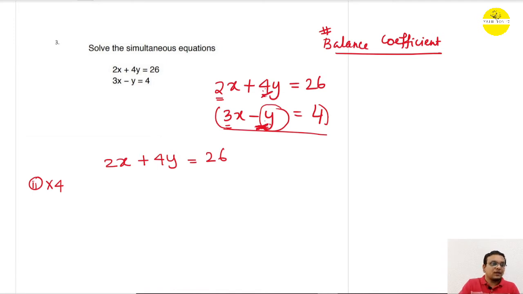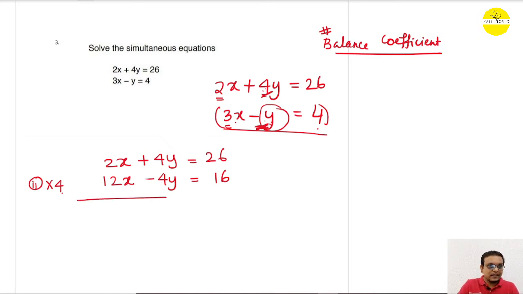That's why. Now, if I multiply 4 with this whole equation, that means each term will be multiplied with 4. Now, tell me 4 times 3x. I think you are getting 12x. We know that 4 times y, right? So it is minus 4y and is equal to 4 times 4, which is 16. Got it?